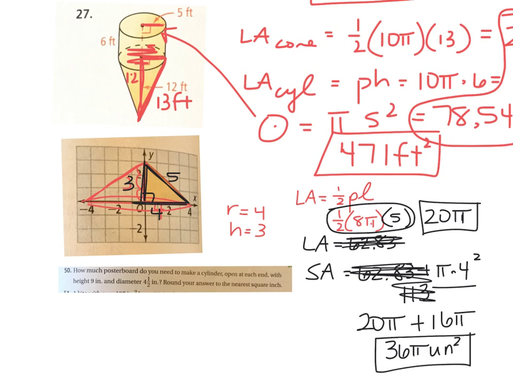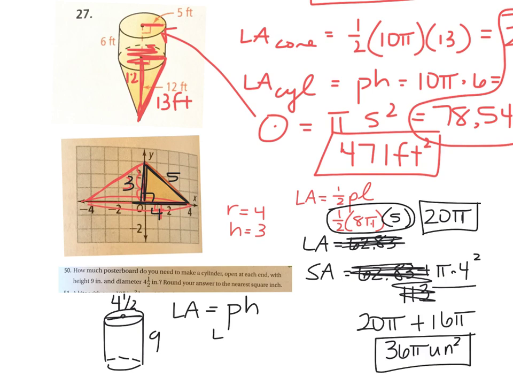Okay. And then the last one: how much poster board do you need to make a cylinder open at each end with a height of 9 and a diameter of 4.5? Round your answer to the nearest square inch. So if we're making this cylinder open at each end, that means we're finding the lateral area. And the lateral area is the perimeter of the base times the height.